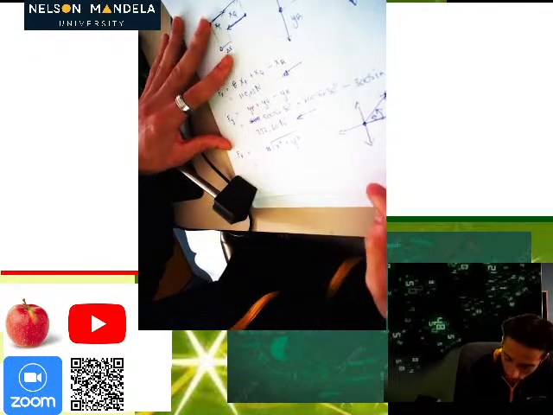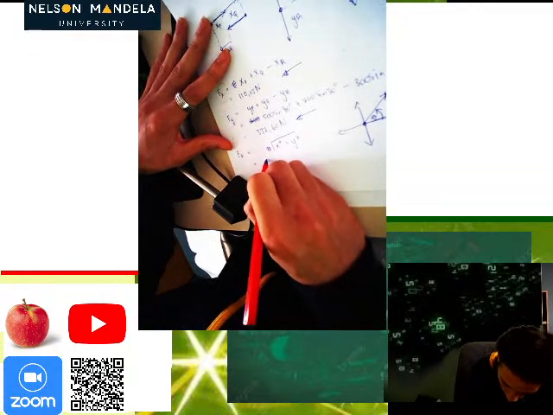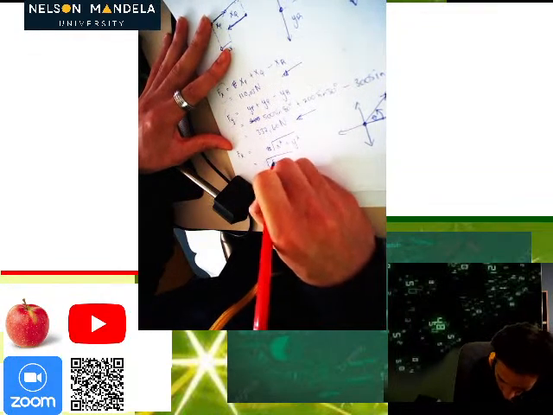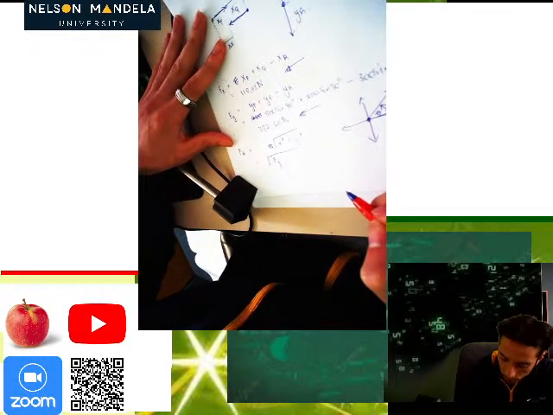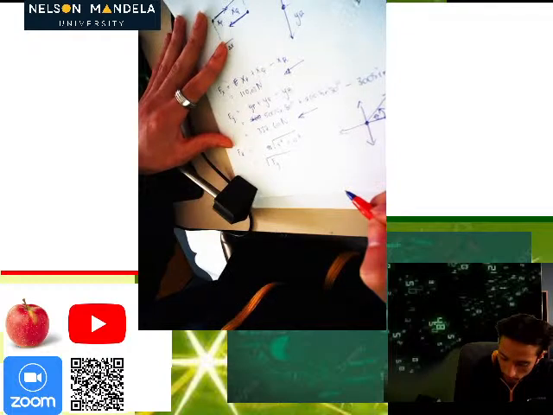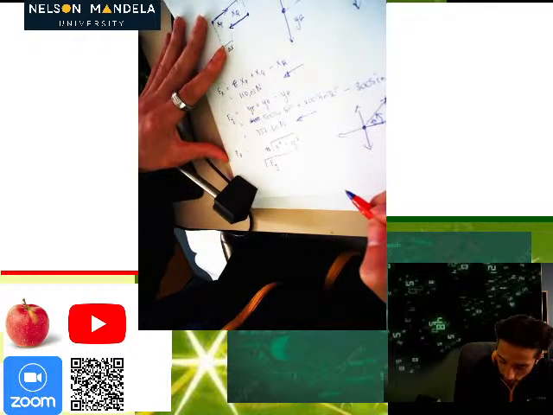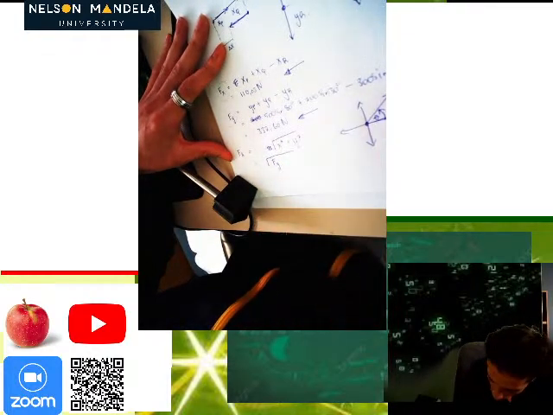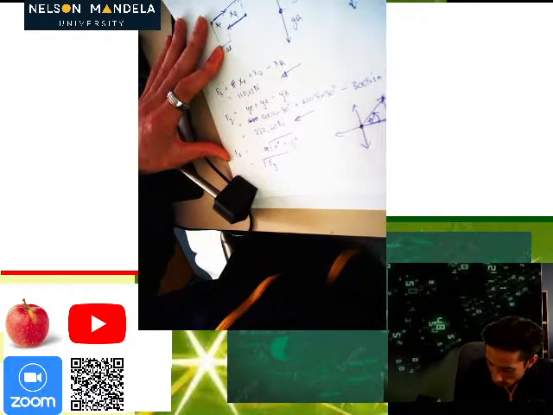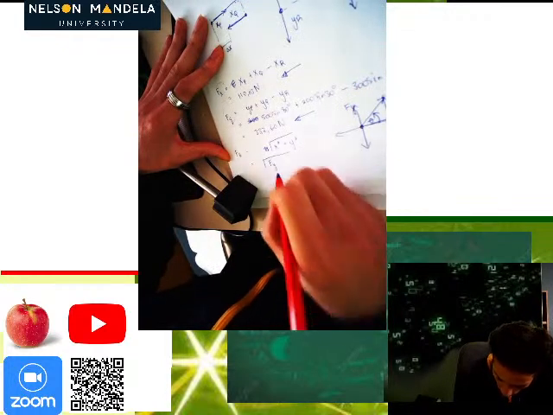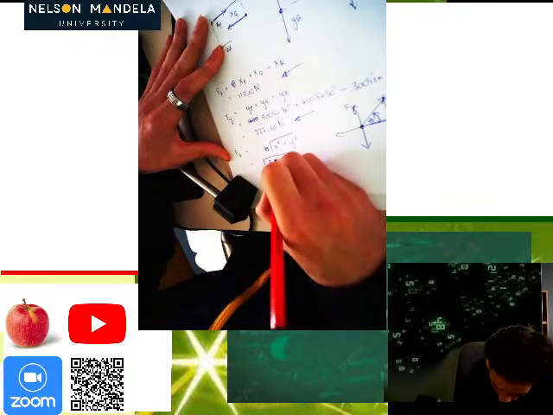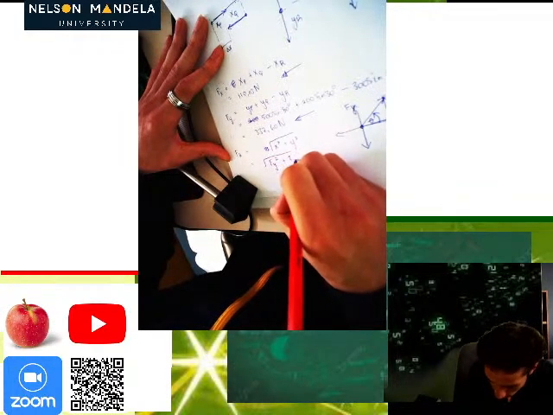In terms of the physical quantities f of x and f of y that we've used, it's fy squared plus fx squared.